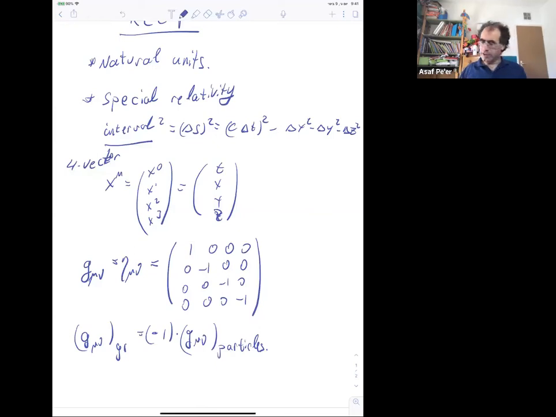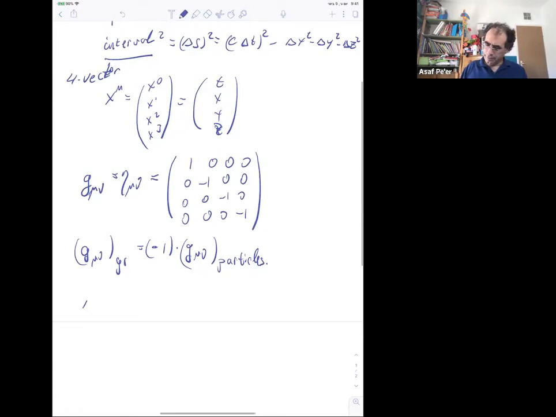Then I said that with this new convention, I could define the interval delta S squared as just eta mu nu delta x mu delta x nu. And we use the Einstein summation convention: every time we see an index that appears twice, once as an upper index and once as a lower index, we assume that there is a summation.